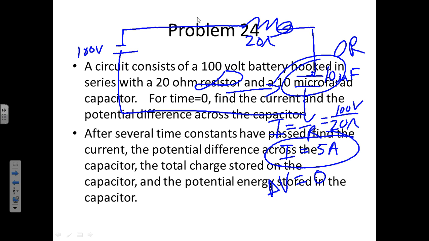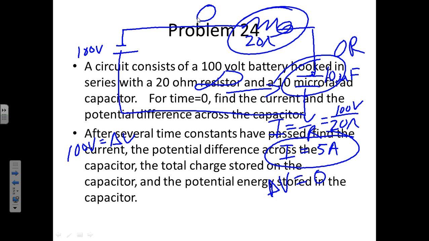There's no current. If there's no current, what's the voltage drop across that resistor? 0. All the voltage is across the capacitor at that point. So the answer on the second part, the potential difference across the capacitor after some time has passed, is 100 volts. So that's our delta V across the capacitor.